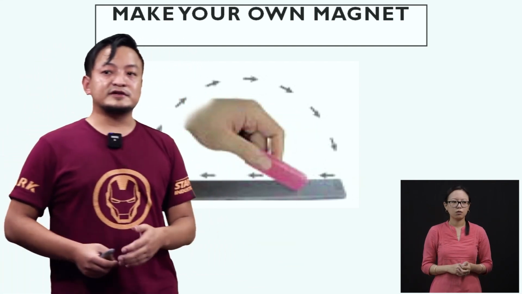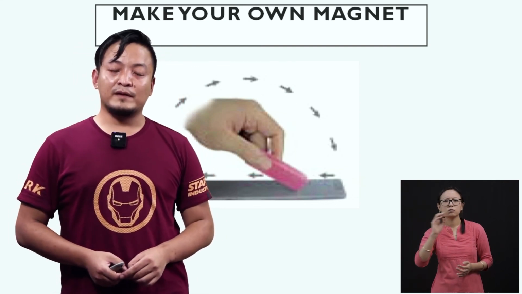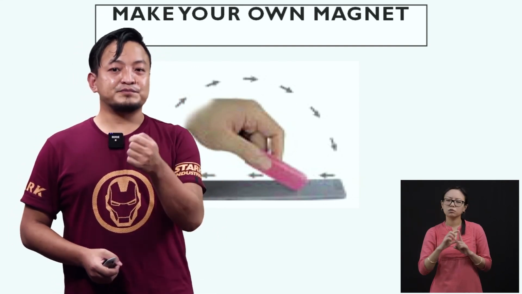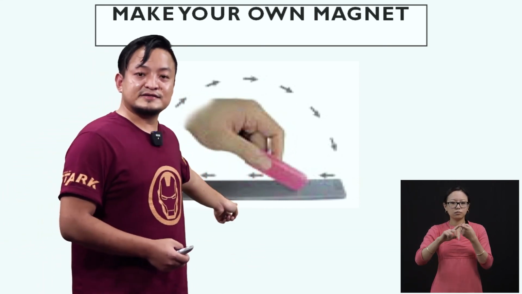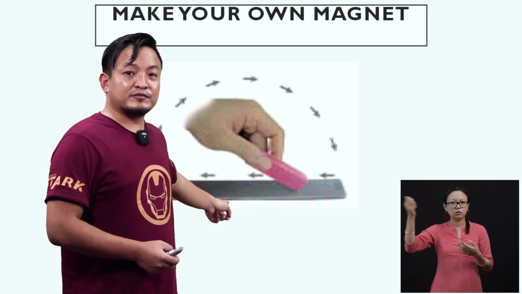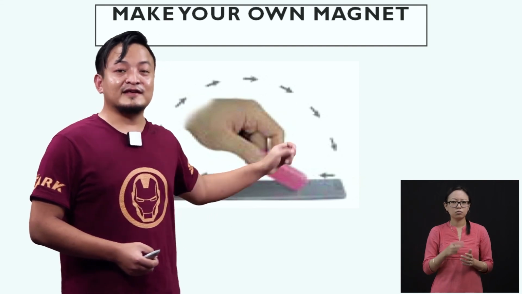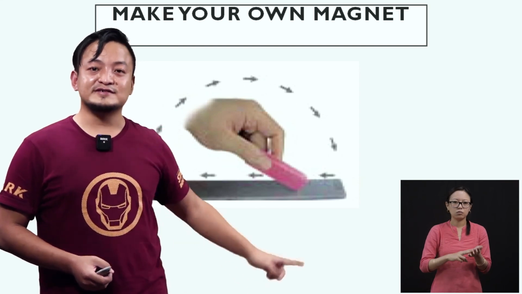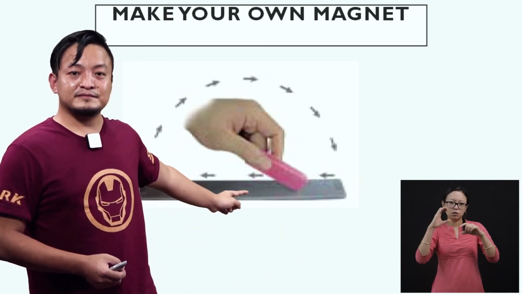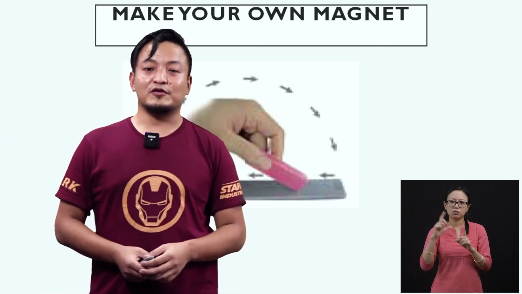You can do this 30, 40, 50 times. After that, just bring a needle or a pin near this rectangular iron bar. You will see that the needle or the pin gets attracted to this iron bar. So this is how you can make your own magnet.